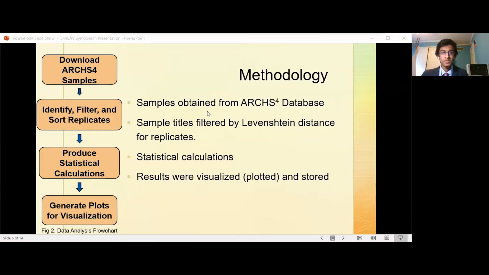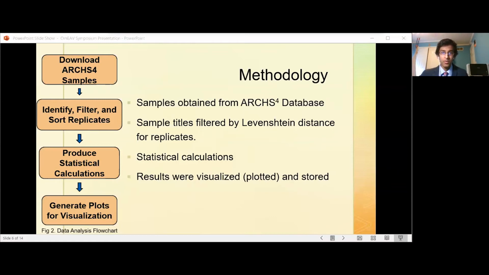And so I was able to use this to look at all the sample titles, and then I could calculate the Levenshtein distance between all of them and group all of the samples with a title that had a Levenshtein distance less than 3, because basically what that was doing is grouping all the replicate samples together.